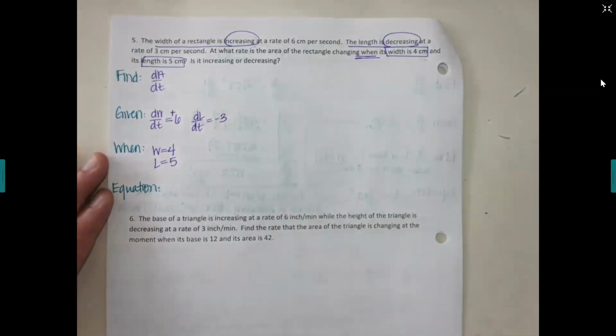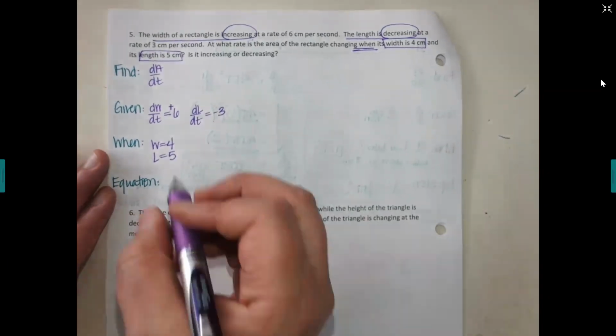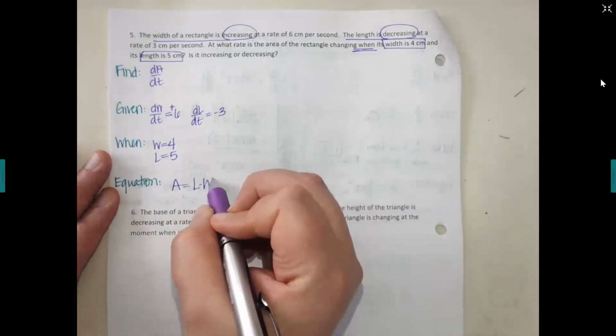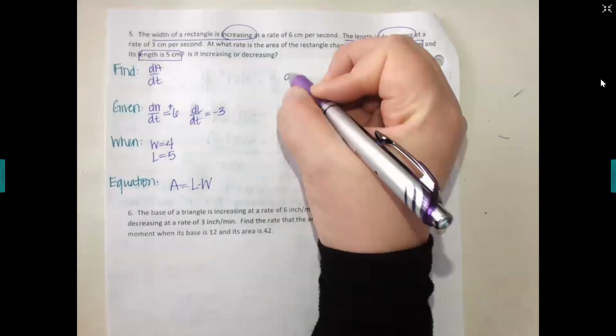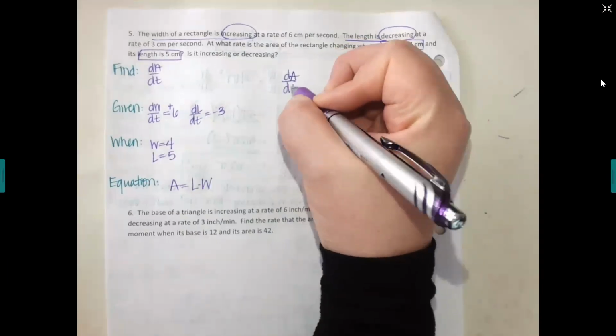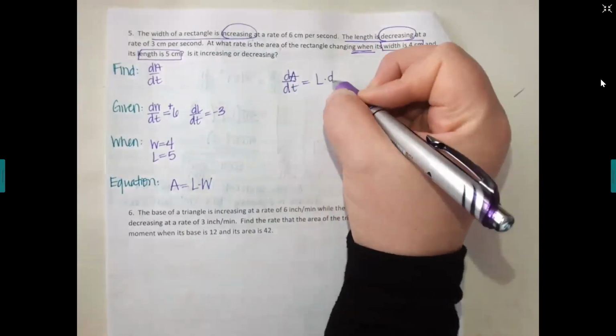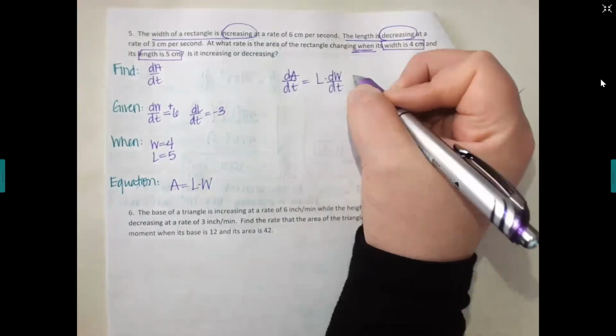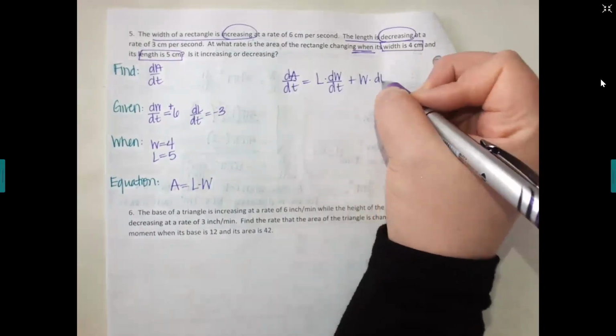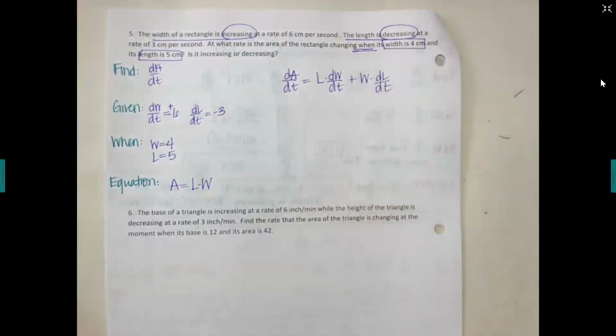From here, what is the equation for the area of a rectangle? LW, very good. Now, you should have done product rule, but I'm just going to write the answer and hopefully you did it. It would be dAdt equals L dWdt plus W dLdt. If you put it in reverse order, remember for addition, that doesn't matter.